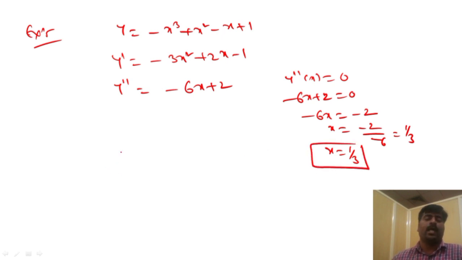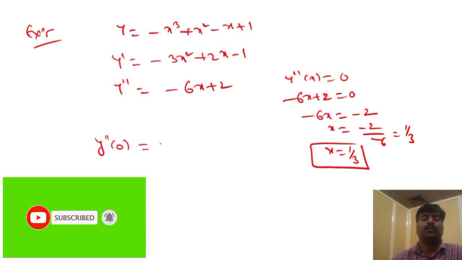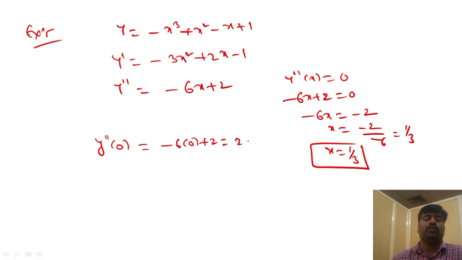So if I take two points around x equal to 1 by 3, 0 and 1: at 0, minus 6 into 0 plus 2 is 2, greater than 0. y double dash of 1 is minus 6 into 1 plus 2, which is minus 4, less than 0.